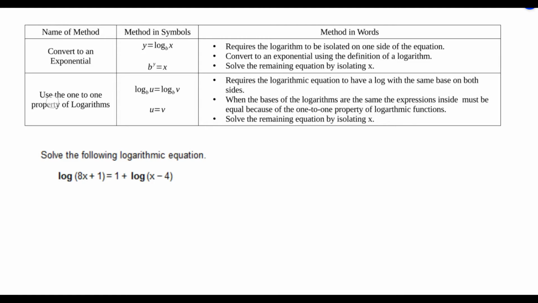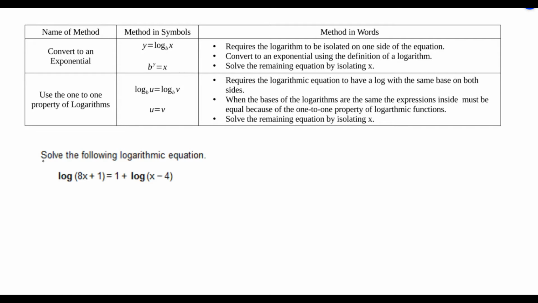The other method that's used often is sometimes called the one-to-one property of logarithms, and sometimes it's called the property of equality. In this method, you have to have log with the same base on both sides of the equation. Log base b on one side, log base b on the other side.